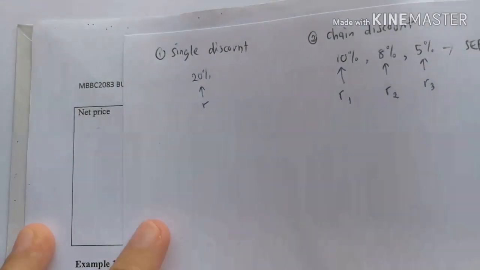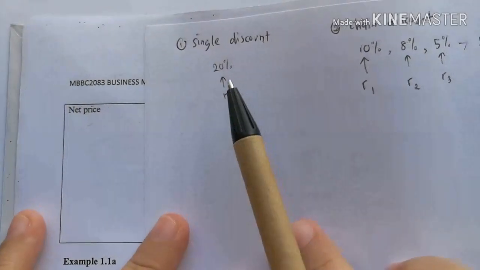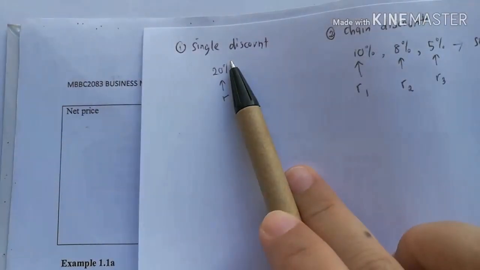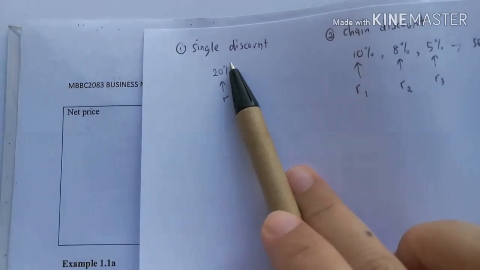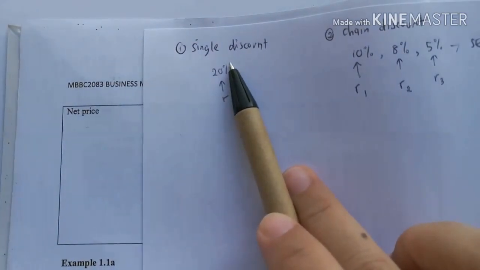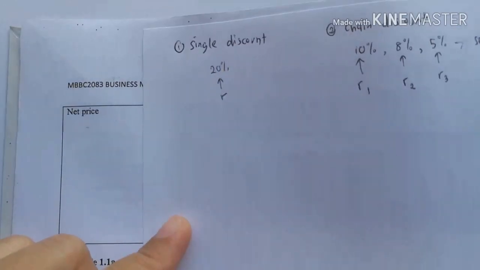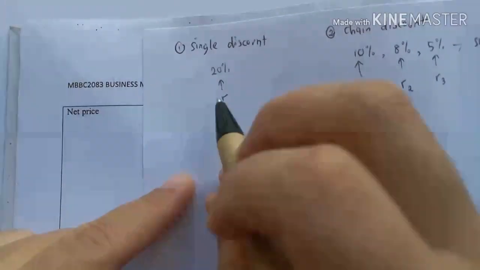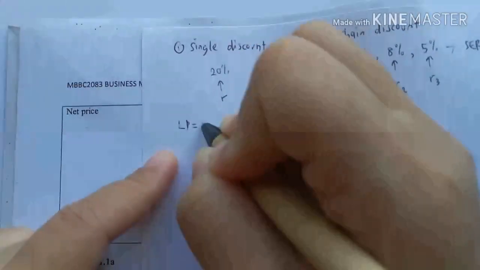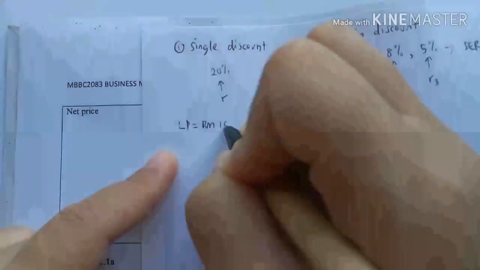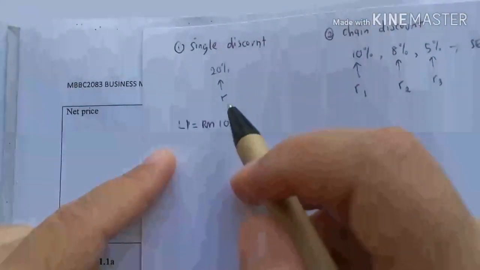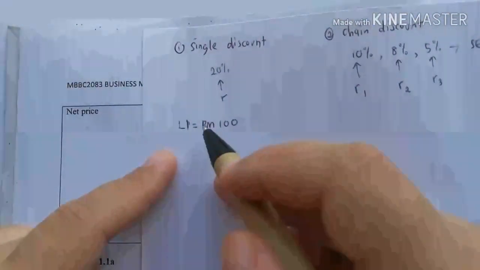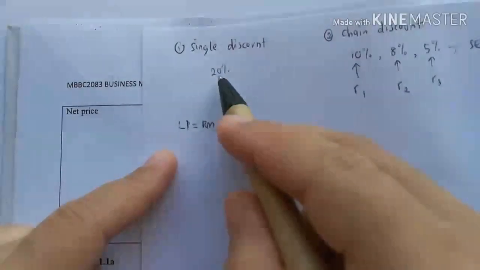okay, this is a very simple example. First one is regarding the single discount. Let's say you go to a shopping mall and you want to buy a pair of shoes. The original price of the shoes, which is the list price, let's say it is RM 100. Now, because it's a year-end sale, the seller offers you a discount of 20%.